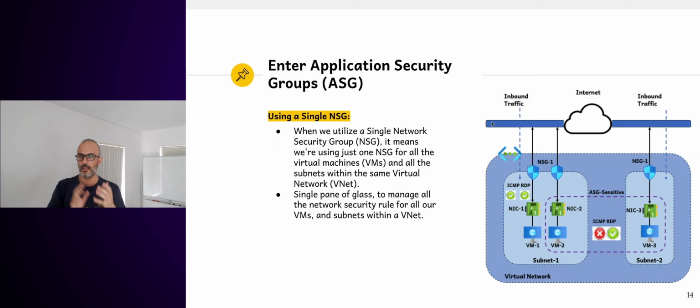The other benefit that comes out of it is that now we have one network security group per VNet, which is beautiful, because this network security group is applied to both subnets, but we still have flexibility to say allow ICMP and RDP within the first security rule, and then in the second security rule we say deny ICMP and then allow RDP.